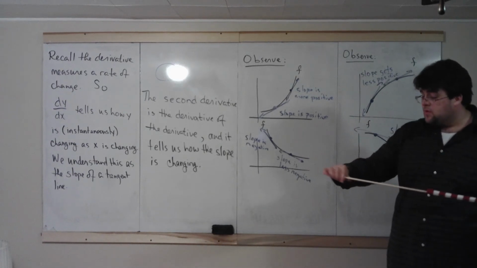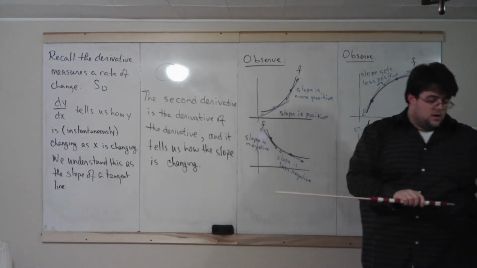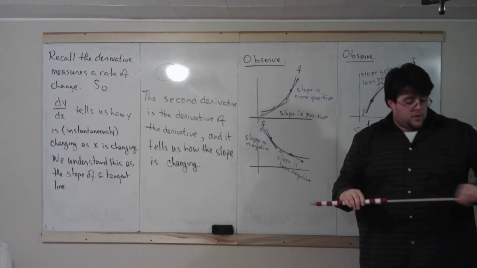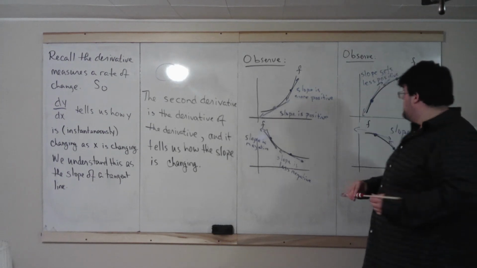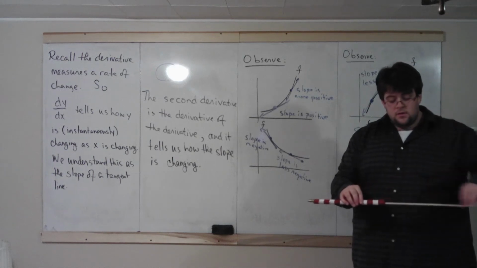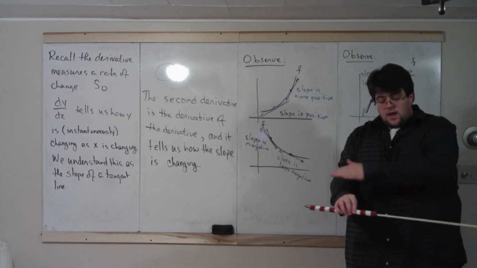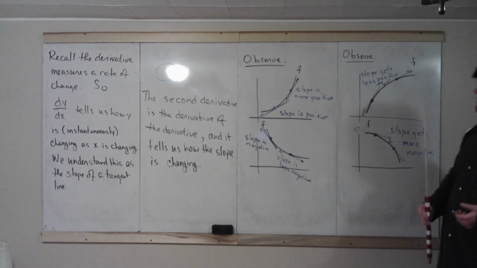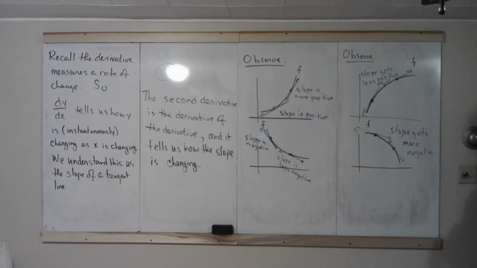If we have our real number line, negative infinity off to there, positive infinity off to there. Getting less positive and getting more negative describe actions in the negative direction. And because of that, the second derivative is going to see these as the same.